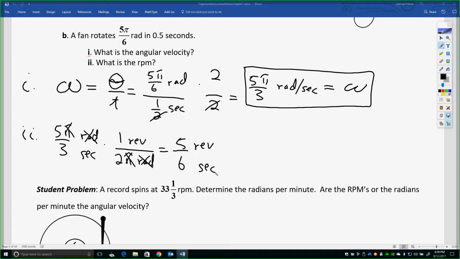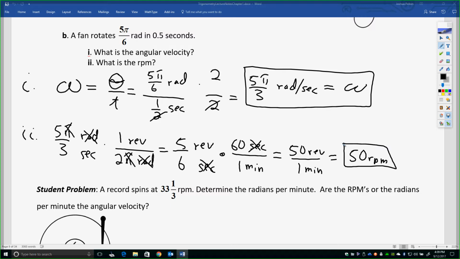But again, that's still not RPMs, because RPMs is minutes, not seconds. So we need to multiply by 60 seconds to 1 minute. So the seconds will cancel now. So the 60 over 6 gives me 10. So that's 50 revolutions to 1 minute, which is 50 RPM, our final answer there. You can do the calculation in 1 step or 2 steps. I chose to do it in 2, just for the sake of the lesson. Pause the video and try the student problem.